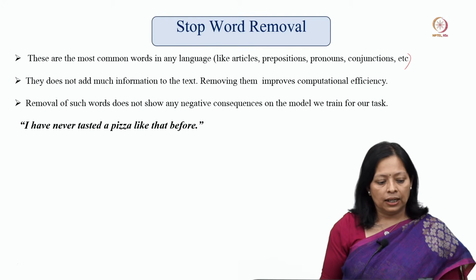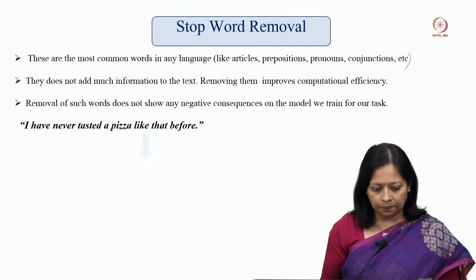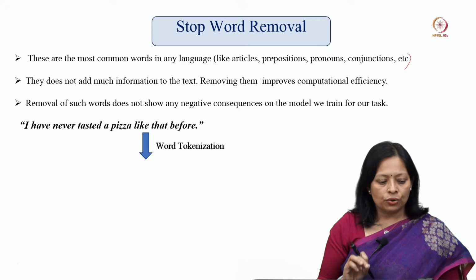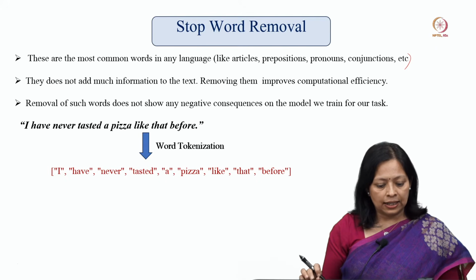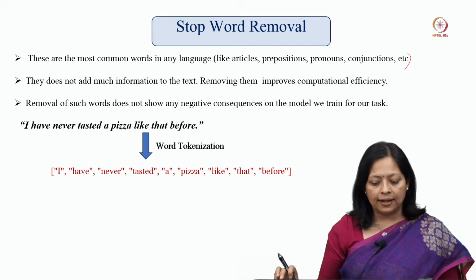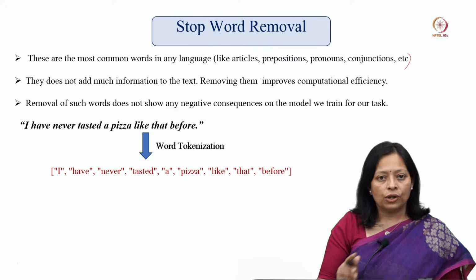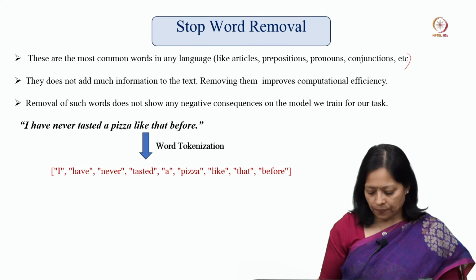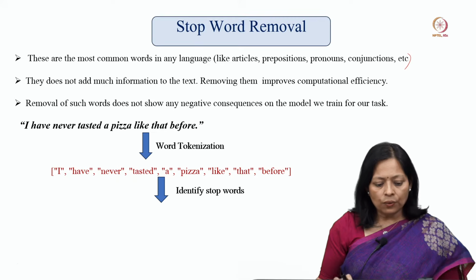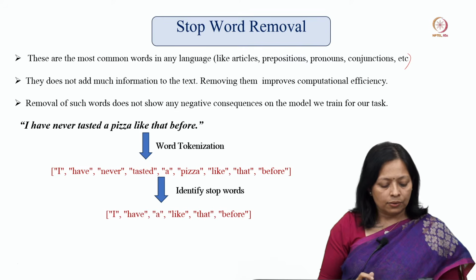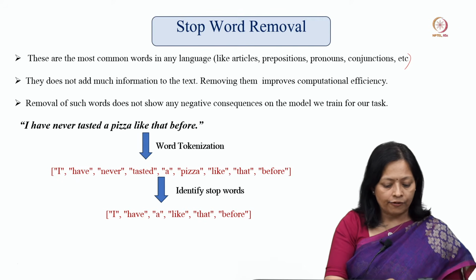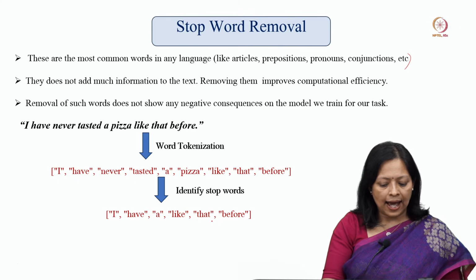Like, "I have never tasted a pizza like that before." So this is a sentence. We do a word tokenization where we get I, have, never, tasted, a, pizza, like, that, before. So these are all separate word tokens. Now we identify the stop words, and we see I, have, like, that, before.